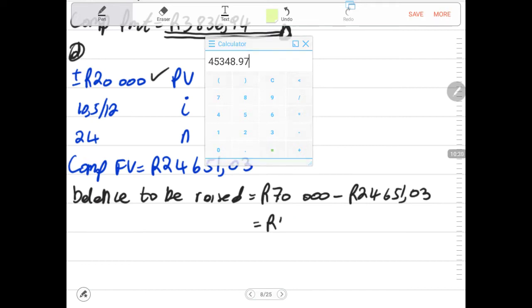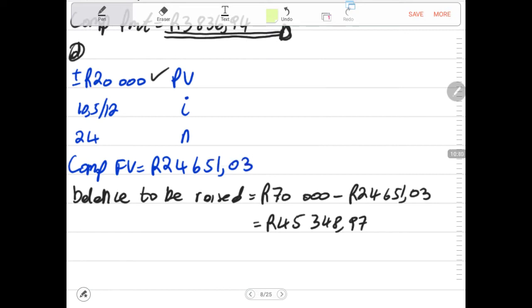So now that means they still need to raise 45,348 rand 97 cents. Where are they going to get the money, or how are they going to fund this account to get the 45,000? That 45,000 plus what is in the account because of the 20,000 initial deposit becomes 70,000.